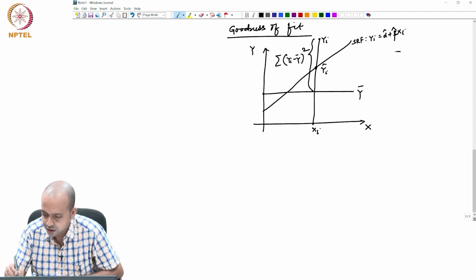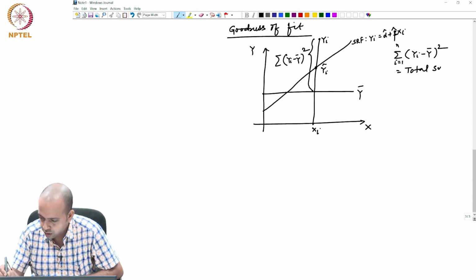I will write here: summation yi minus y bar whole square, i running from 1 to n, is called total sum of square or TSS.